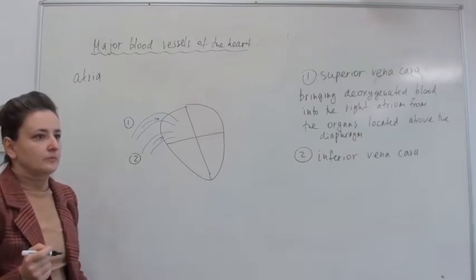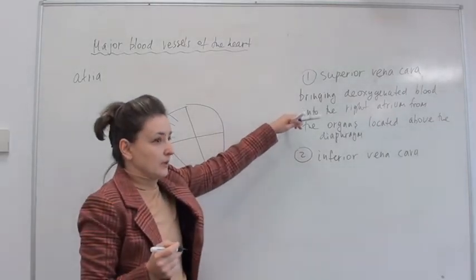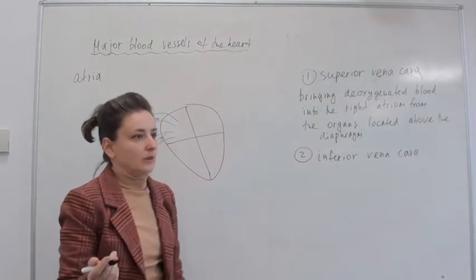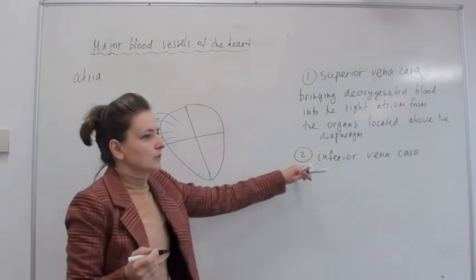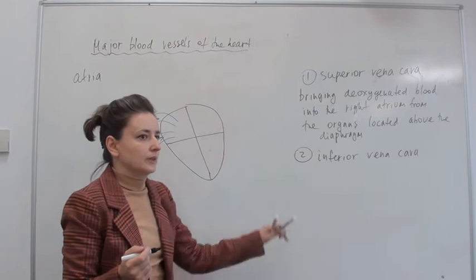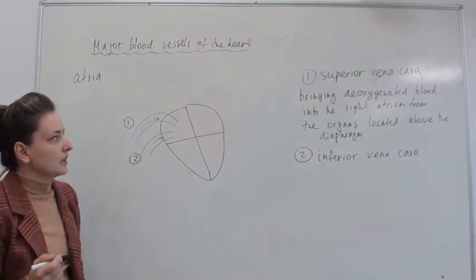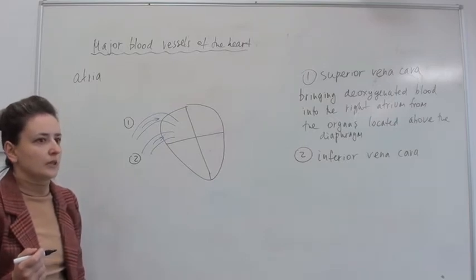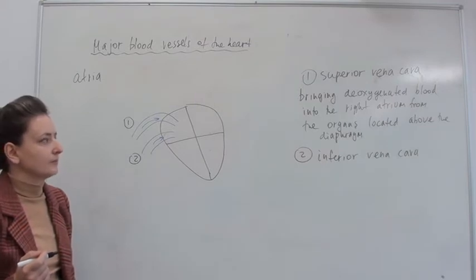Are you with me? Yep, okay. But superior is bringing blood from above your diaphragm. This one is going to be from below the diaphragm. Exactly right. So can I leave you to write down an equivalent statement, but the one which applies to inferior vena cava? So think about, is it bringing blood from somewhere, which kind of blood it is, deoxygenated, oxygenated, where it's coming from.